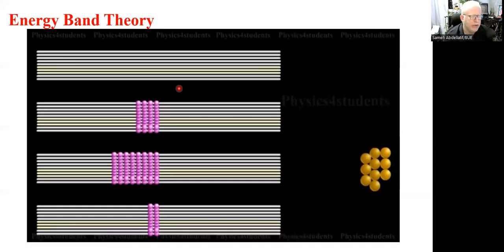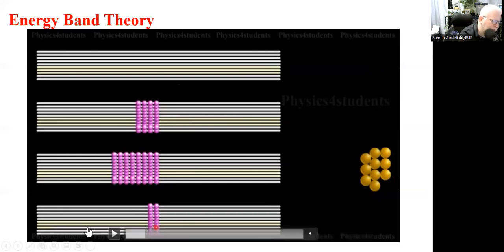As you can see here, an energy band is the accumulation of energy levels having the same energy. So instead of having a single energy level, it becomes a band of levels. That's why we call this an energy band. So here we have an energy band, here we have an energy band, here we have an energy band, and so on.